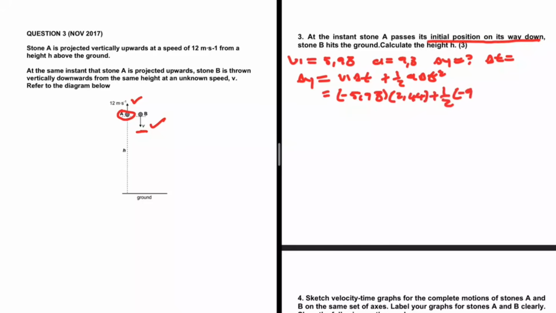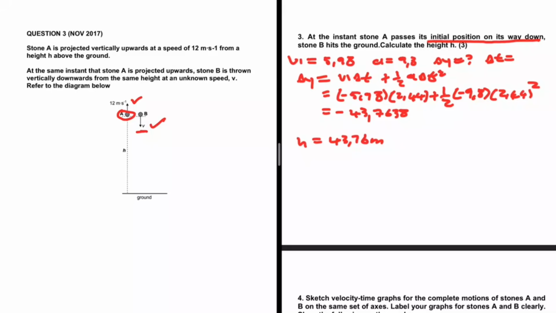Plus a half. The acceleration is minus 9.8. The time is 2.44. And we square that. This is equal to minus 43.7638. So h will be equal to 43.76 meters. That is the height h, which we are supposed to calculate.